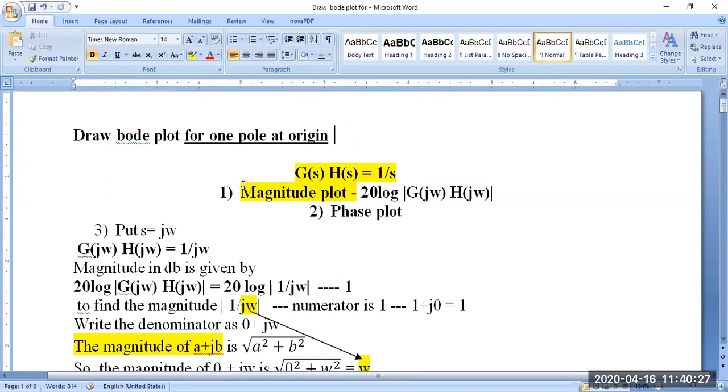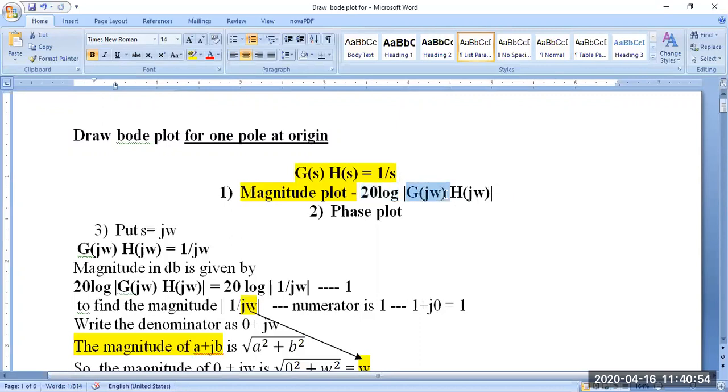So whenever we have a Bode plot, we always have it in the form of two plots. One is a magnitude plot and the other is a phase plot. Magnitude is given in dB, and since it is given in dB, we have the magnitude as 20 log of magnitude of G of j omega into H of j omega.